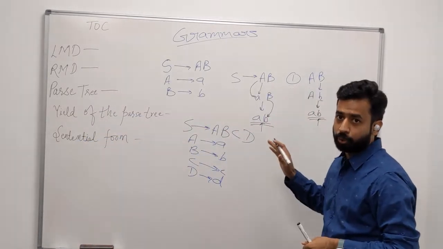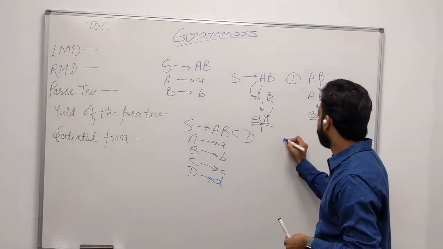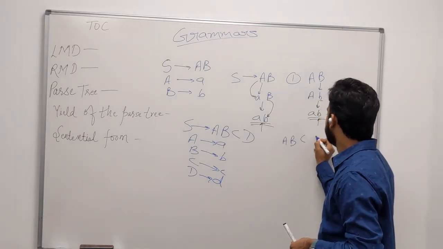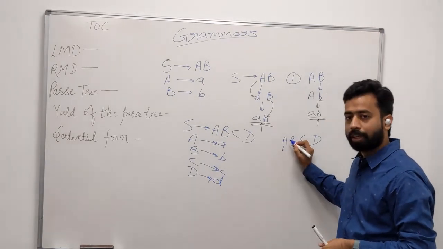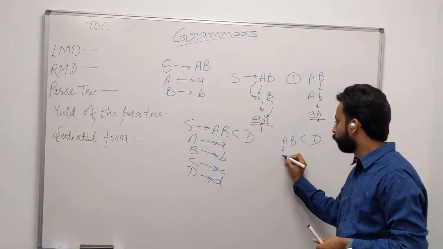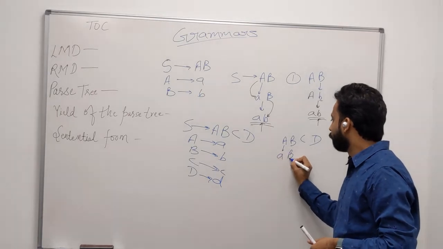If I use leftmost derivation, I will write ABCD first, then derive from the leftmost side. First I derive from A, so it will be small a, capital B, capital C, D.